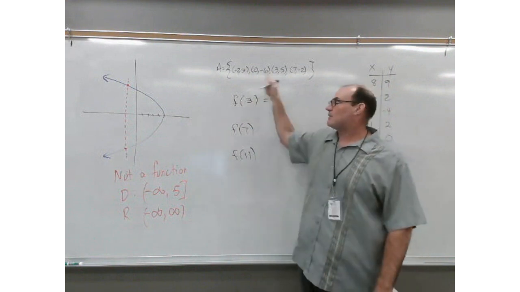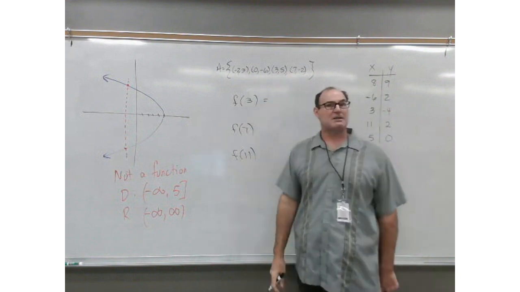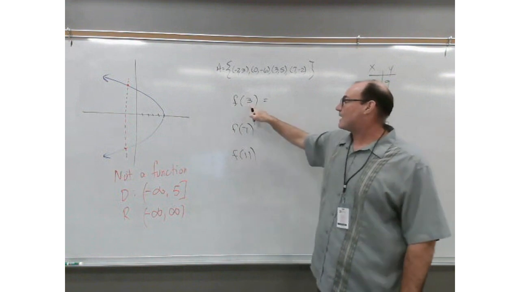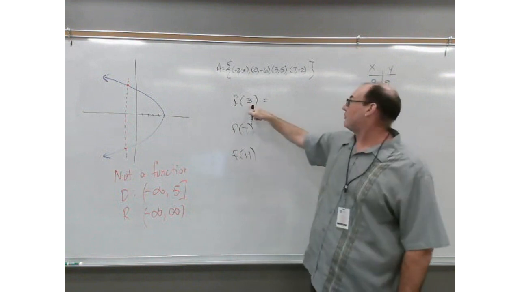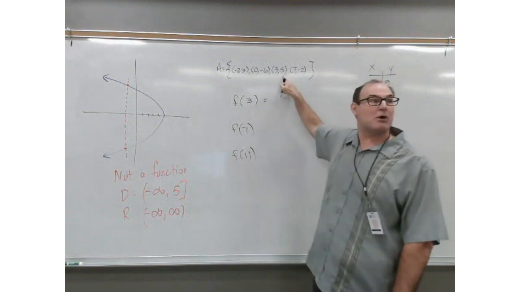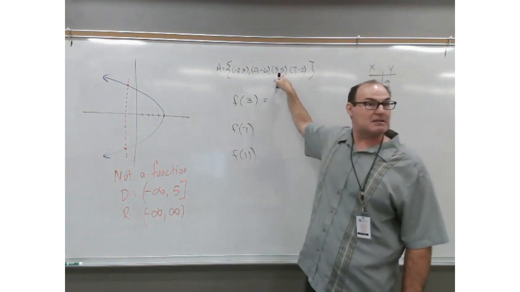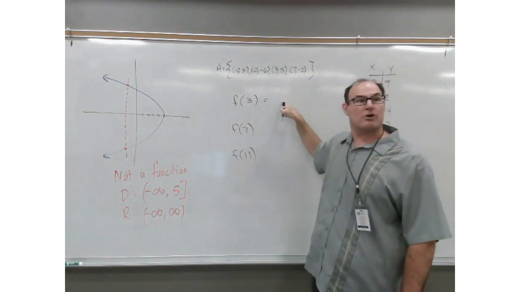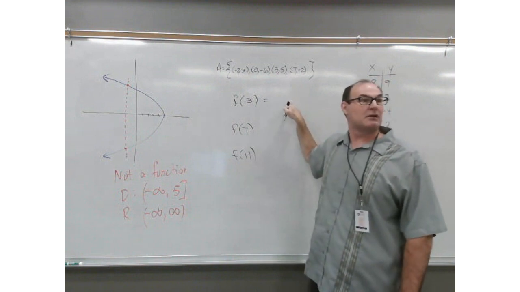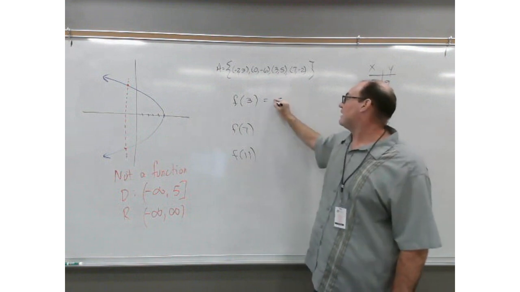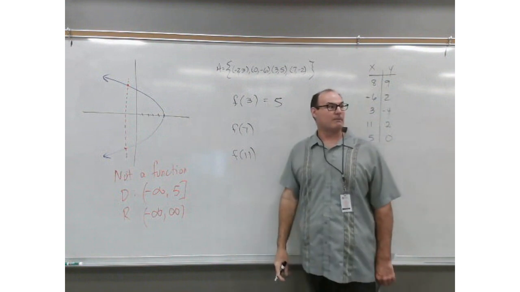So, looking at the way that this function's been defined, what is the value that corresponds to the x value 3? Perfect. There's the ordered pair. Now, notation is important. Do not write the whole ordered pair here. That's not the answer. The answer to this is simply 5, the y value.